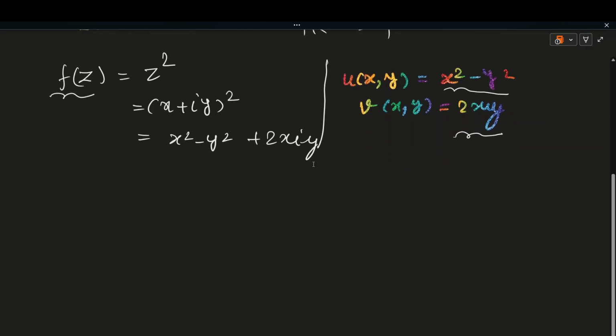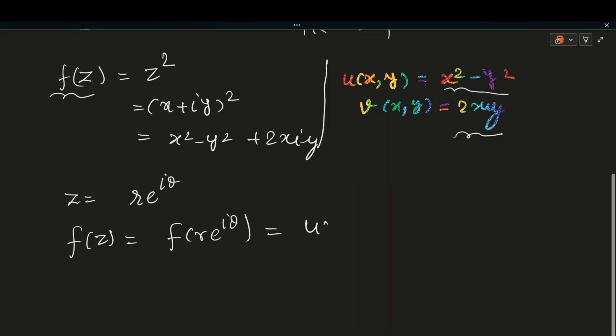As we know, we can write z is equal to r e to the power i theta. So a function of z, meaning a function of r e to the power i theta, can be written as u(r,theta) plus i v(r,theta). Here also u and v are real valued functions of two variables, r and theta, just as before they were functions of x and y.